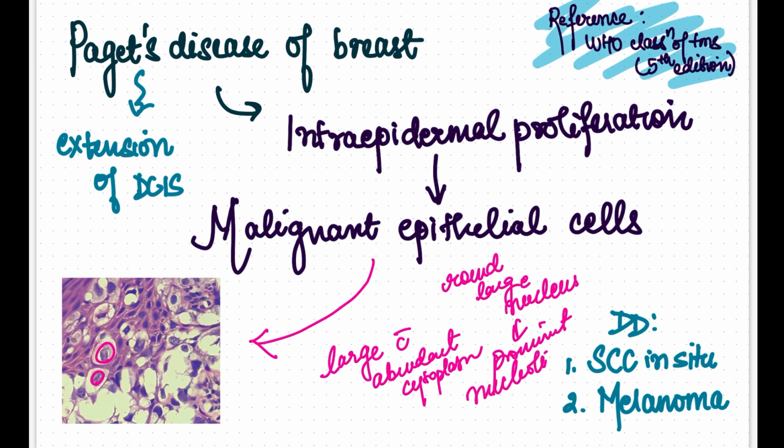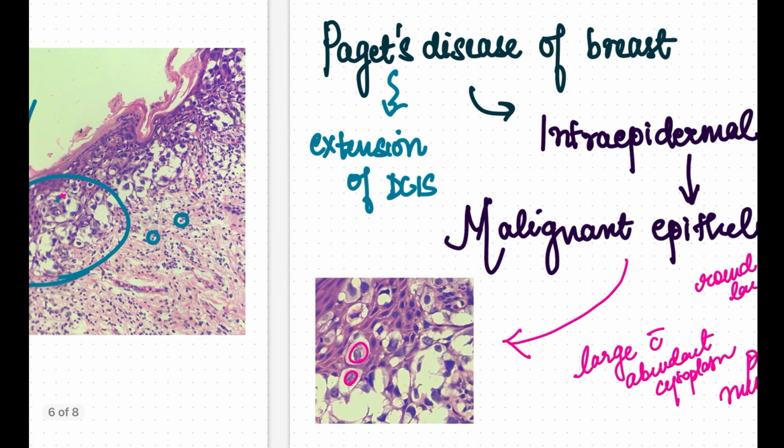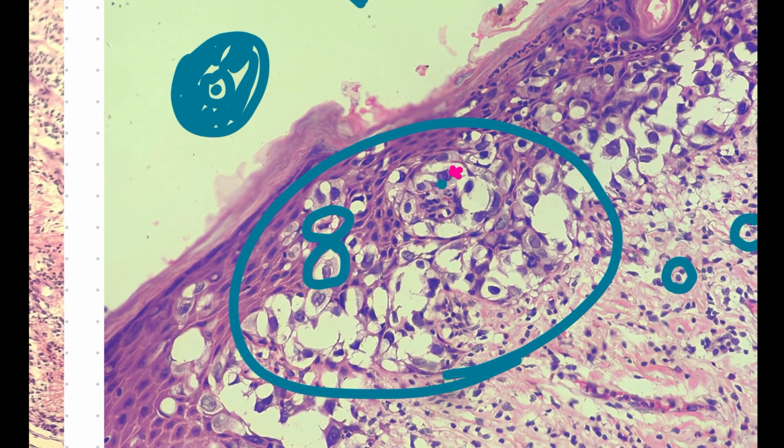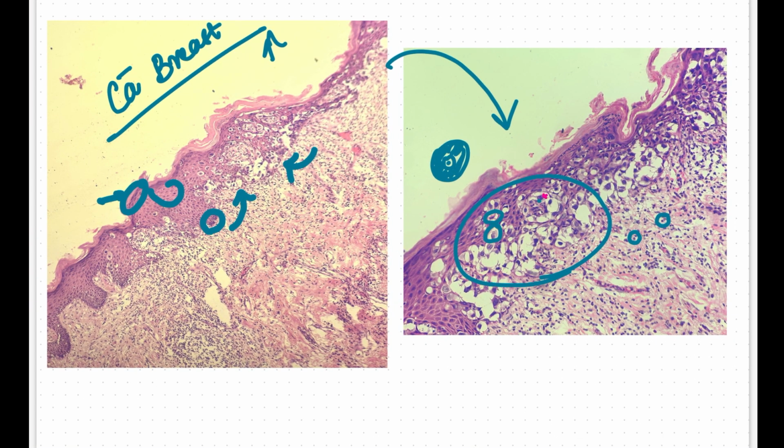What are the differentials that you can think of here? Since it is in the epidermis, you can think of squamous cell carcinoma in situ, which is also known as Bowen's disease. The second differential that should come into your mind is melanoma. Melanoma cells are quite large, and they are a bit more pleomorphic than this, to be honest, but you have a very prominent punched-out nucleolus, like the nucleolus of a melanoma cell is staring into you.